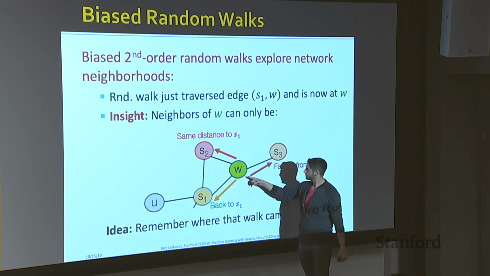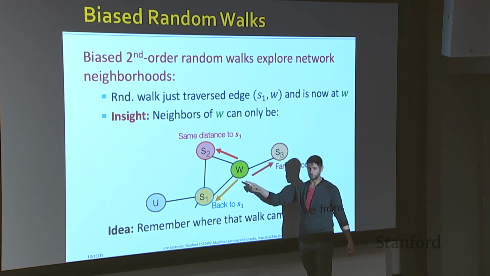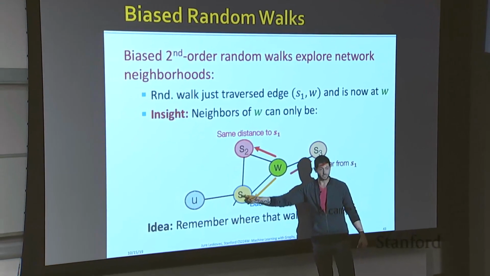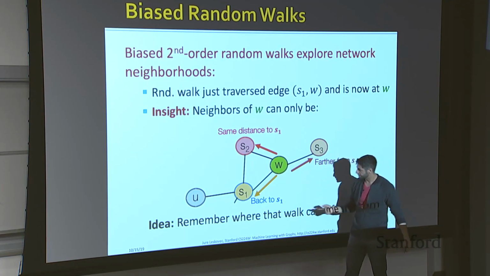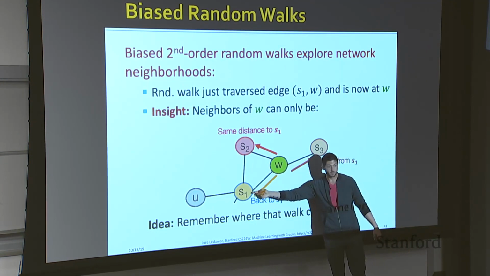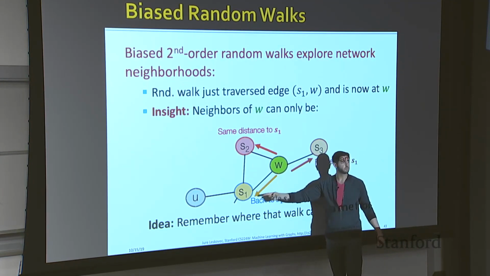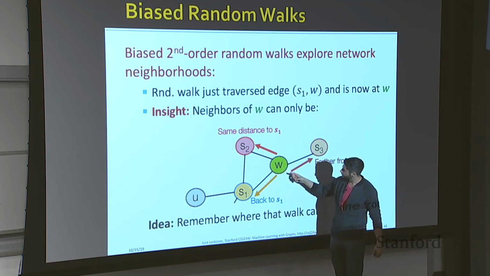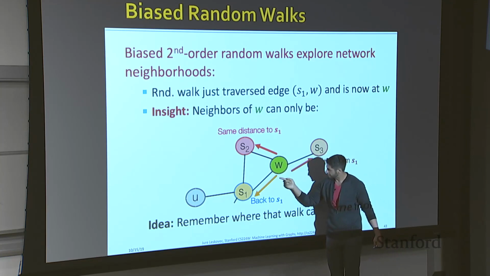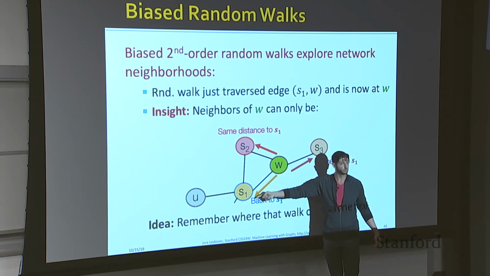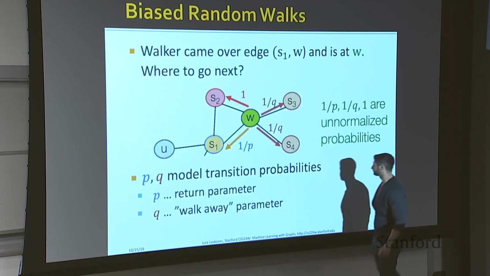So say we are currently in node W, and we came from node S1, what a second-order random walk is able to do for us is to say, okay, the previous step was S1, and this is useful for us because basically for each transition among these different edges, it will be able to tell us if we're going back to our origin node or not, okay? So that's why it's called second-order.